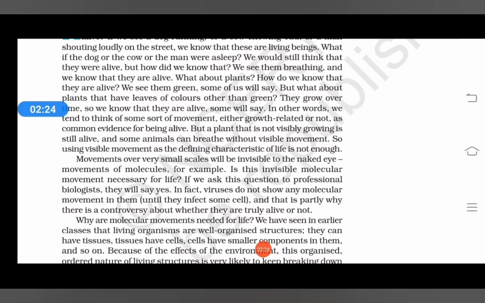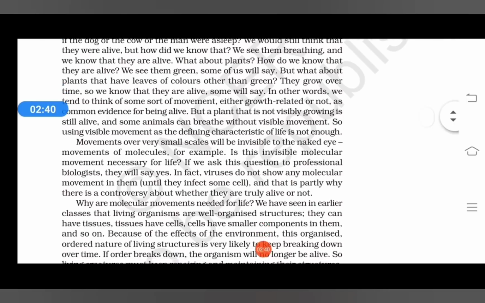So there are some organisms which do not show any kind of movement, and that's why viruses are still a matter of controversy whether they are alive or not.